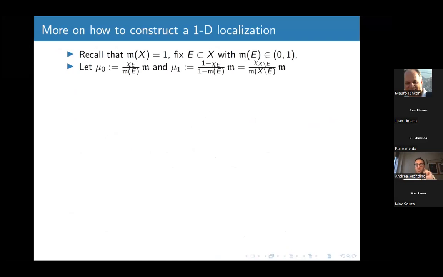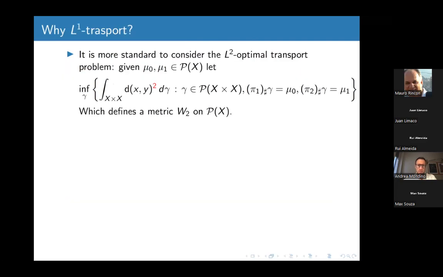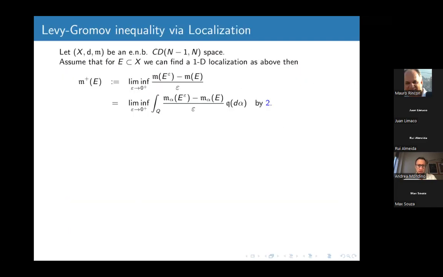This is why we always consider the measure of the set divided by the measure of the space. So the renormalized measure of the set E is between 0 and 1. This is how to construct the localization, and I want to skip it. No time for that.